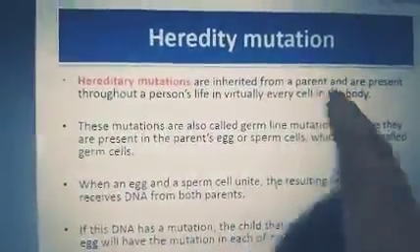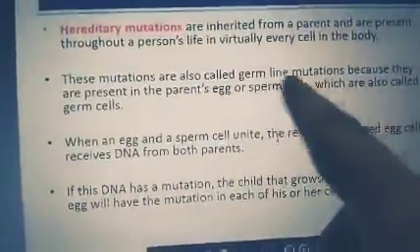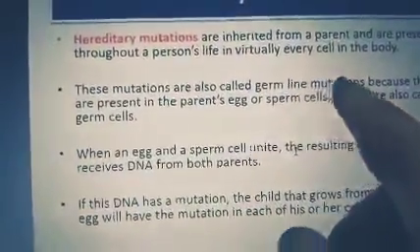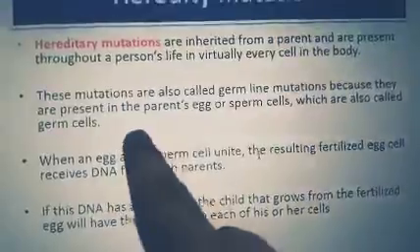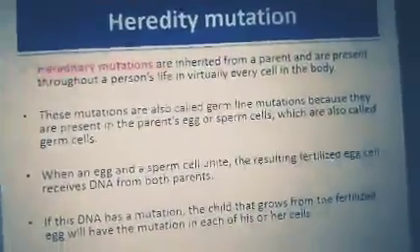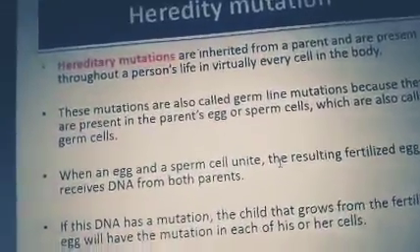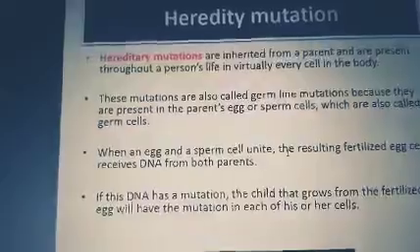Hereditary mutations are inherited from a parent, and these mutations are also called germ-line mutations. Very important: they are called germ-line mutations because they are present in the parent's egg or sperm cells, which are also called germ cells. When an egg and a sperm unite, the resulting fertilized egg receives DNA from both parents.